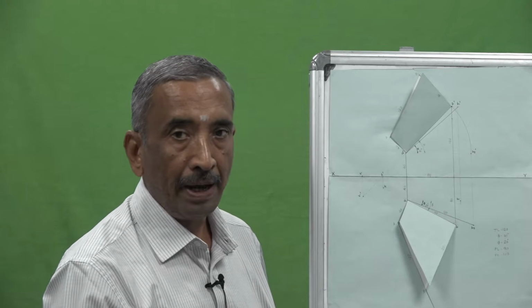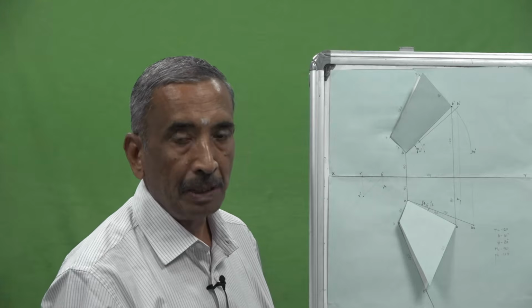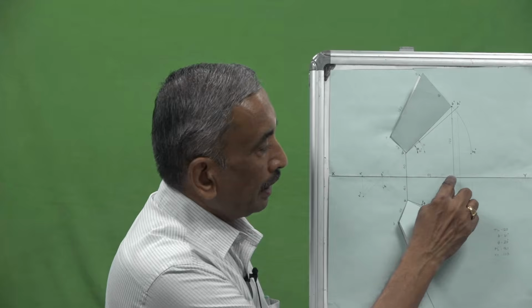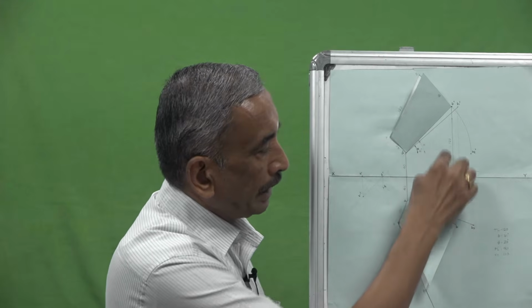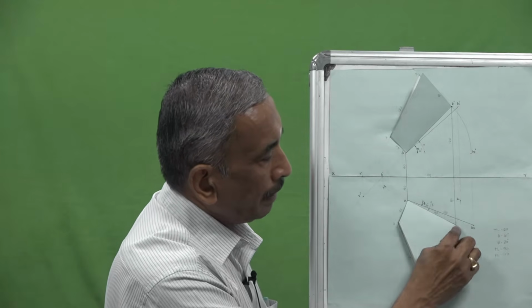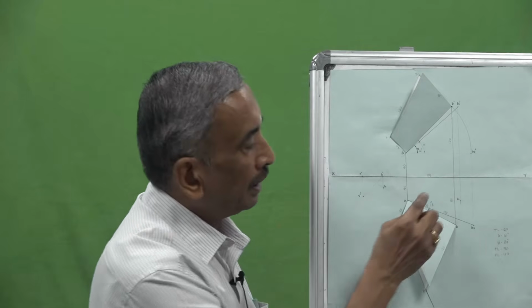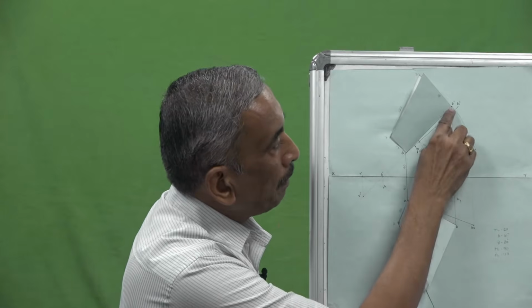Likewise, the point B is 80 mm in front of VP and 120 mm above HP. So on the second projector, locate the top view of point B which is 80 mm in front of VP, that is below the XY line, and the point B is 120 mm above HP. On the same projector, locate point B dash which is 120 mm above HP.